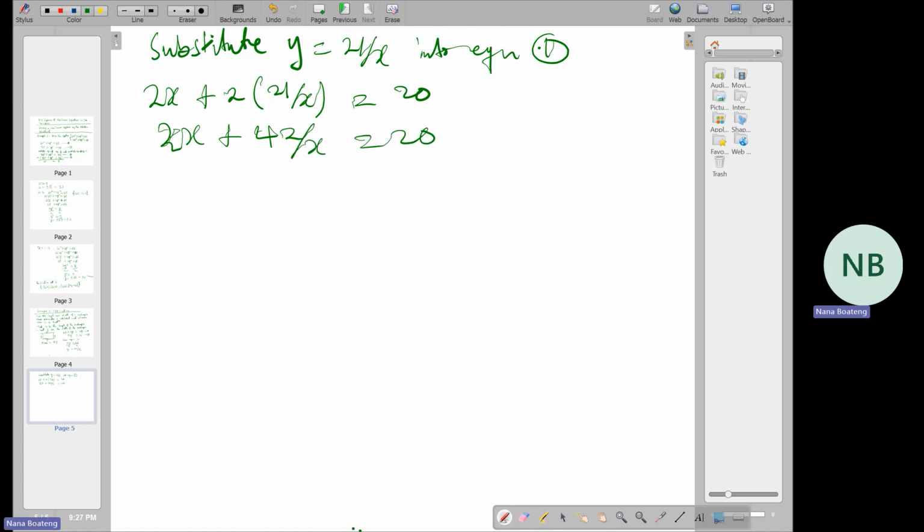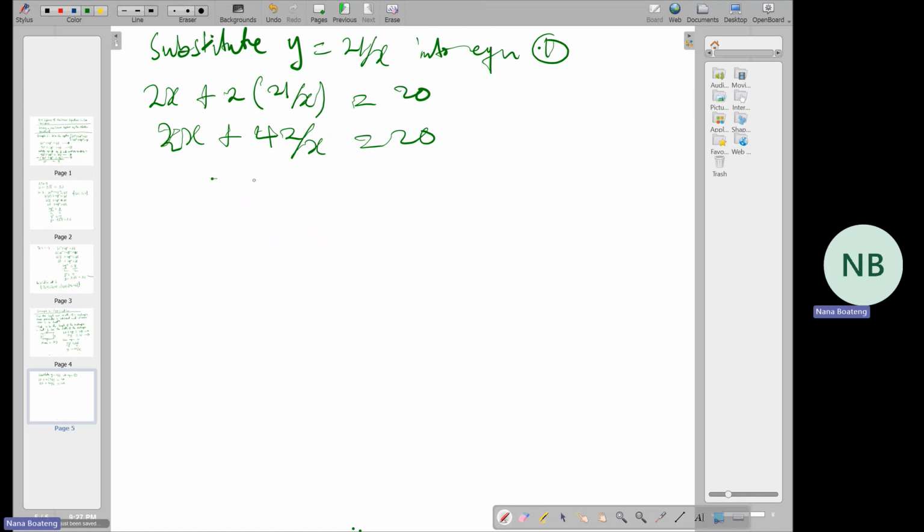And from here, we can multiply everything by x, or we can find the LCM on both sides.